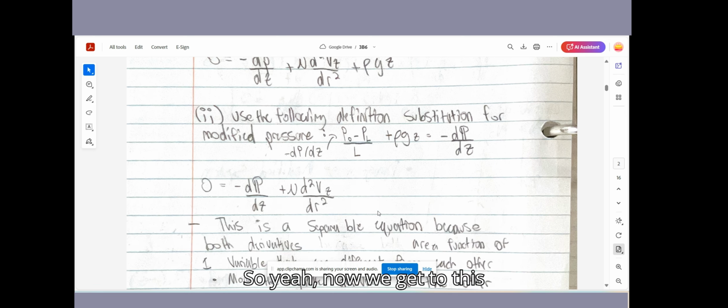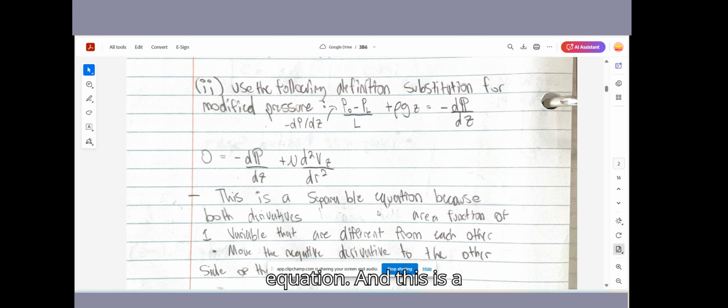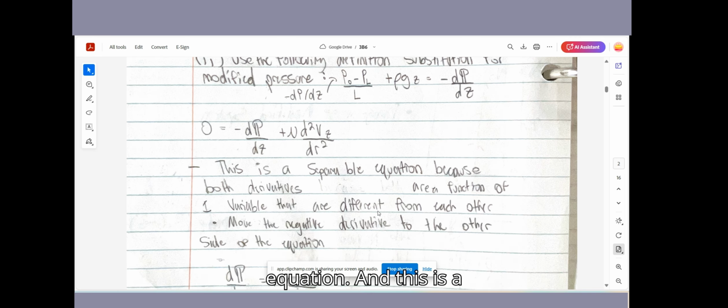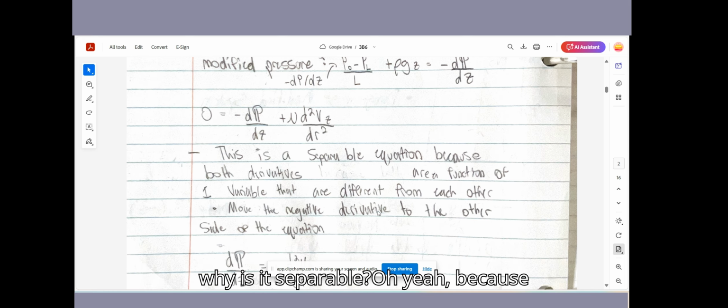Now we get to this equation, and it's a separable equation. Why is it separable? Because there are only two derivative terms, and if you move them to opposite sides, you can separate them by setting them equal to the same constant.